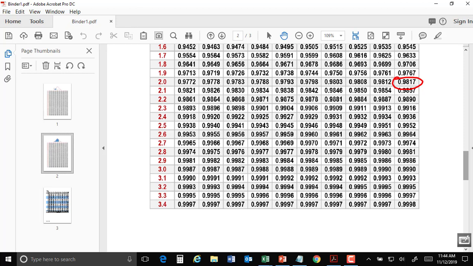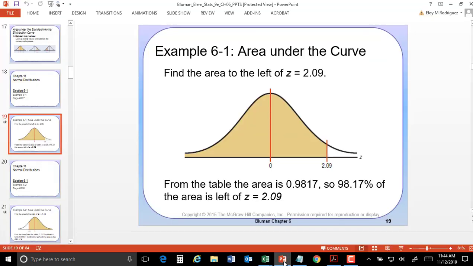So all I have to do is go back. Let's go over here, and you can see that that answer is right here. And there it is. It's going to be 0.9817, or 98% chance. Okay? Very easy. The harder part is just going to be translating from x scores to z scores, from x random variable to z. So that's that done.